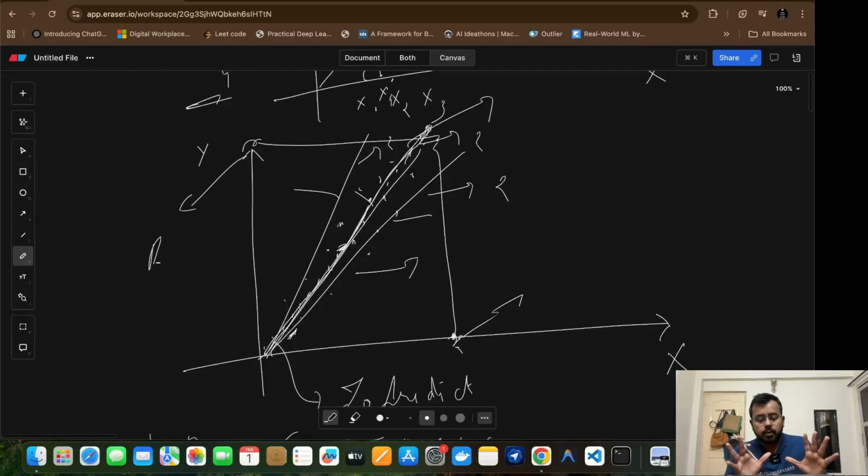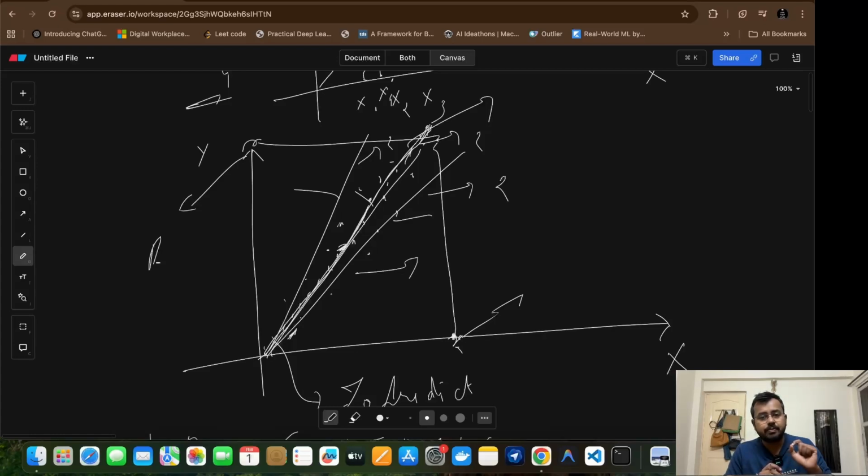So if we map things to this problem, the area of the land and the price of the land, the whole problem boils down to finding the slope and the intercept of the line which makes the best fit through our data.